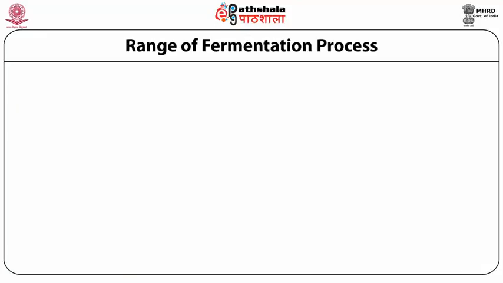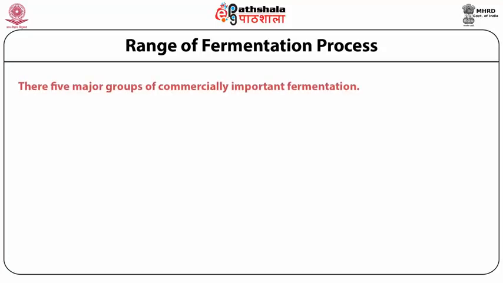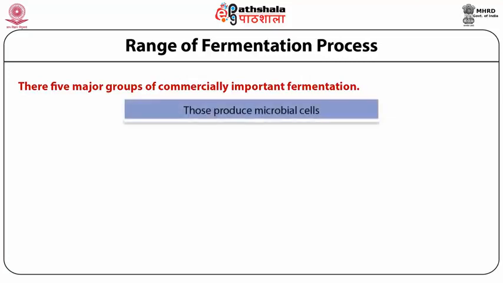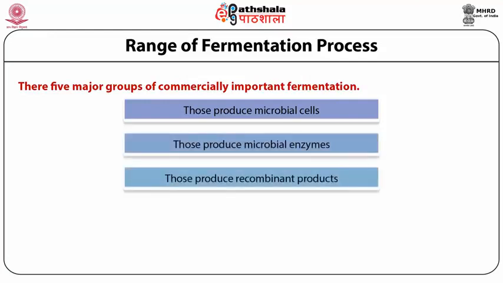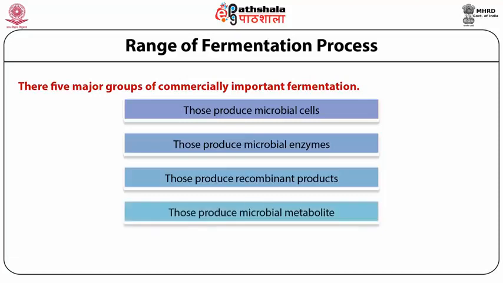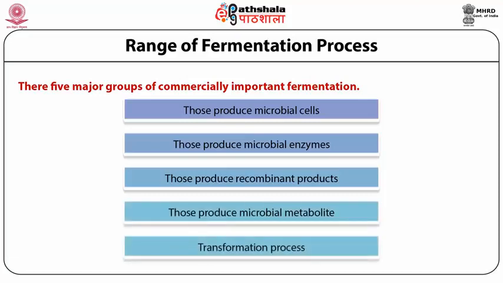Range of fermentation processes. There are five major groups of commercially important fermentation. These groups include those that produce microbial cells, microbial enzymes, recombinant products, microbial metabolites, and the transformation process.